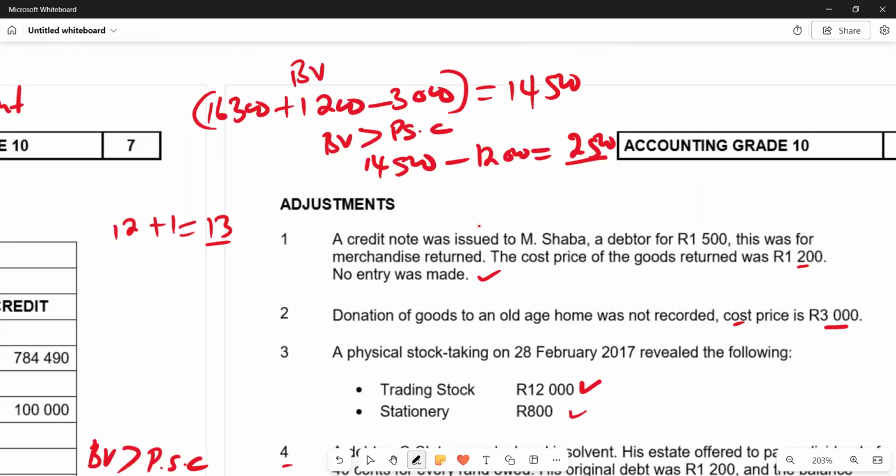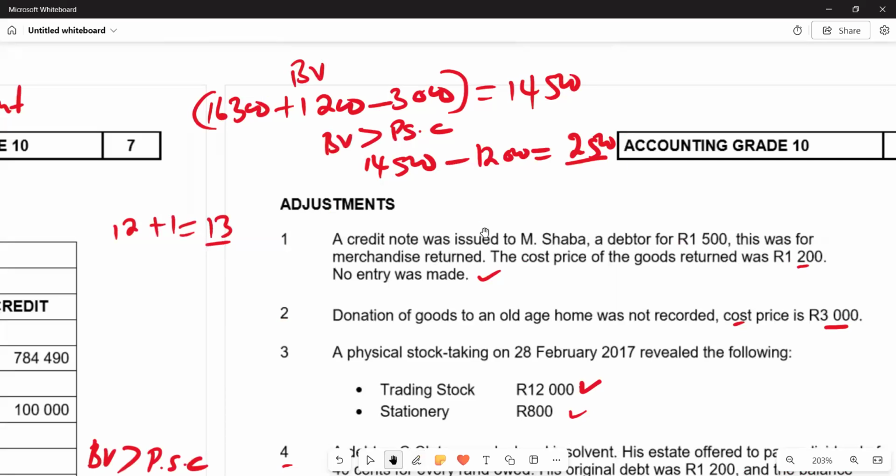We said 16,300 is the figure that we are given in the trial balance, then we added 1,200 of the returns that were not captured, and then we subtracted 3,000 for the donations. Then we got 14,500 to represent the book value. And then we compared it with the physical stock count, which is 12,000, and we found that the book value is greater than the physical stock count. So it's a deficit.